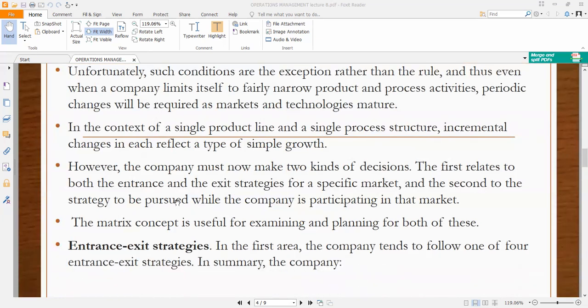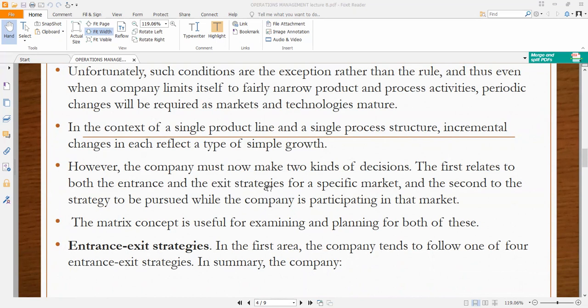However, the company must now make two kinds of decisions. The first relates to both the entrance and exit strategies for a specific market, and the second is the strategy to be pursued while the company is participating in that market.